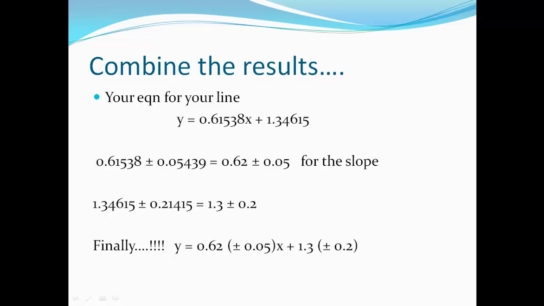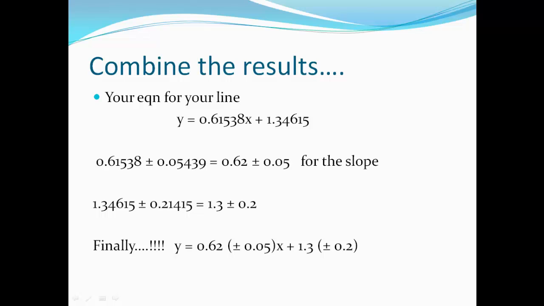Remember what the rule was: the first significant digit in your standard deviation is as far as your answer can go. Since it's 0.05, the value is only going to go to 2 decimal places. So it's 0.62 plus or minus 0.05 for your slope.